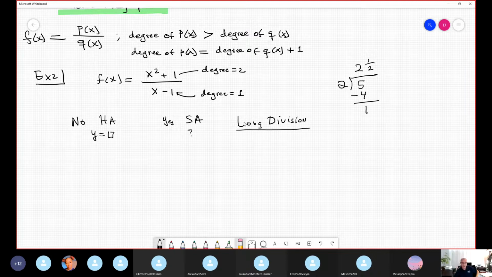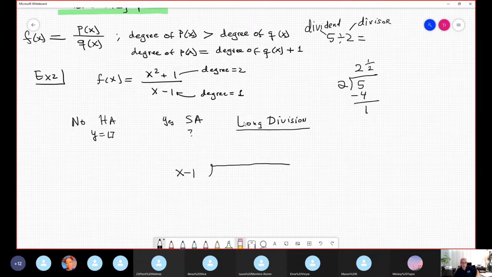So you divide, the divisor is the denominator, which is x minus 1. You put it outside the box, just like dividing 5 by 2. The divisor is this guy, outside, and the dividend is the guy inside.